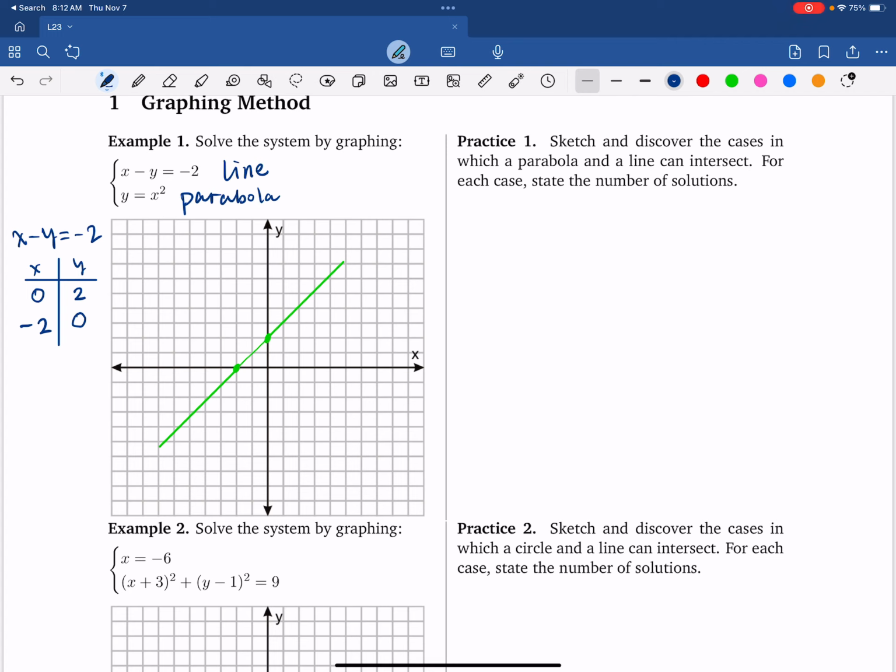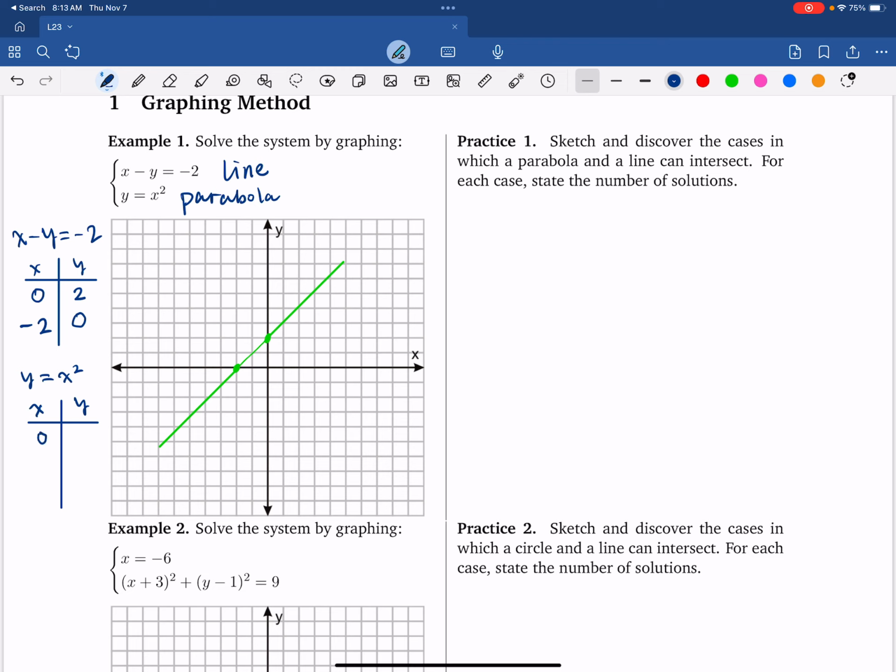And how do you graph a parabola, right? Same thing, we're going to need a few points. So you could definitely start with the axis of symmetry or the vertex and start from there. Or you can do what I'm about to do. I'm going to do an XY table.